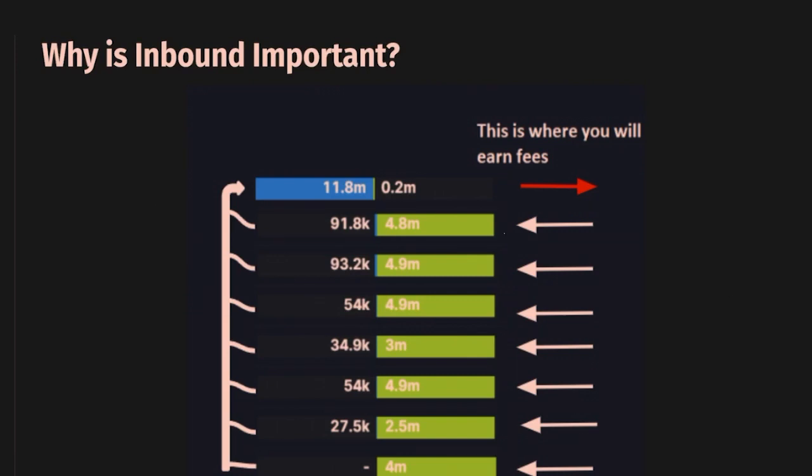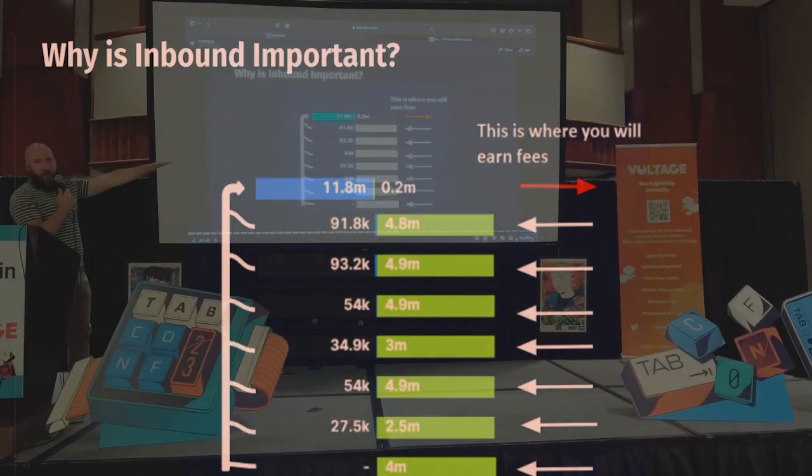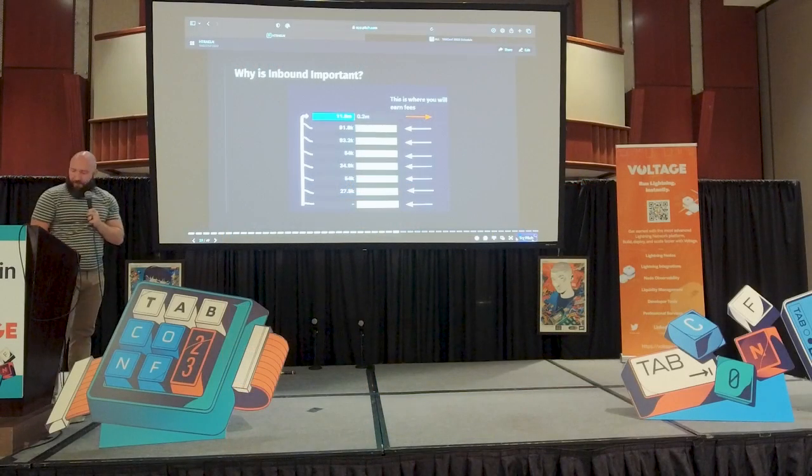When it goes from inbound to outbound, that's your peer getting a fee, unless they're making a payment. But if they're routing it, then they're getting the fee. So something like this, these peers probably don't like you very much, but if your channel, the top channel there, is with a high destination node, you are likely going to be earning fees as payments come in through those white arrows and move out through the outbound channel.